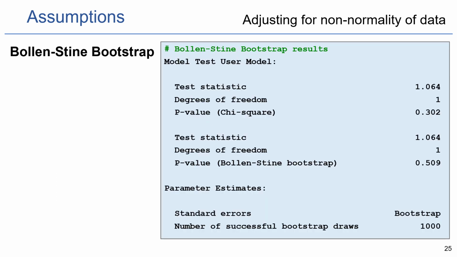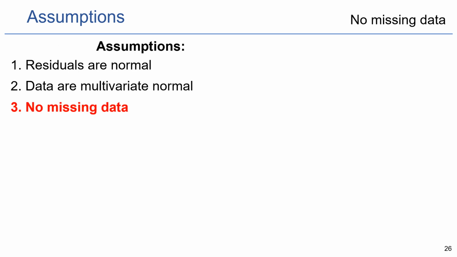And when you call the summary function, you will see that in addition to the chi-square statistic, we get the corrected p-value, the Bollen-Stine bootstrap corrected p-value. And we should then use this statistic when we present the data.